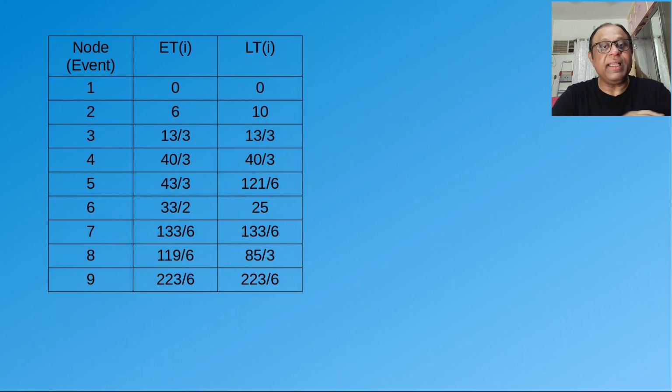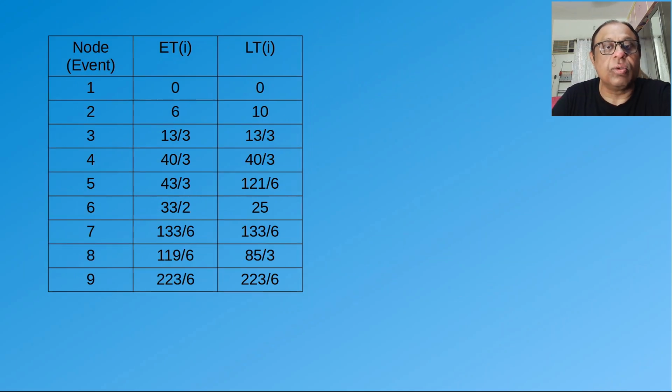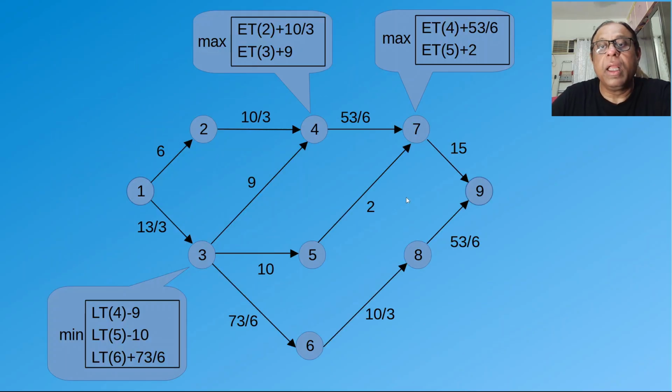So we calculate the LTs, and once we have calculated the LTs, now we come to another concept, that is total float. Now total float for any activity, let's say 1, 2, is going to be the LT at 2 minus the ET at 1. Right? So let me explain this further. The total float for this particular activity 1, 2, is going to be the LT at 2 minus the ET at 1.